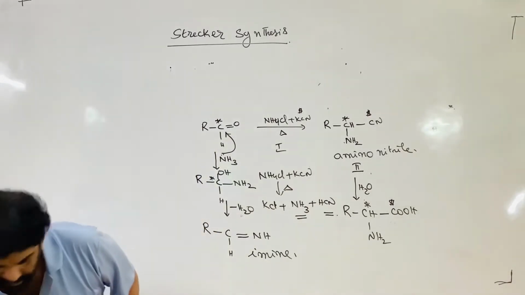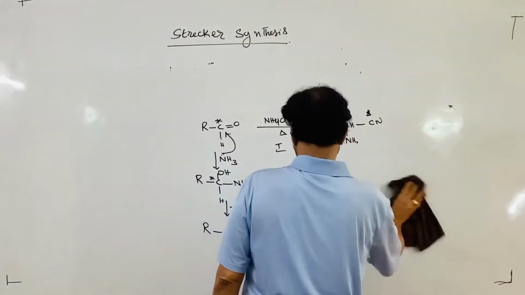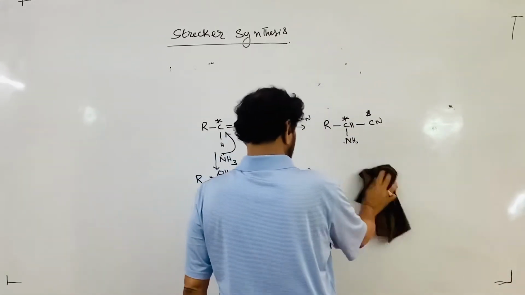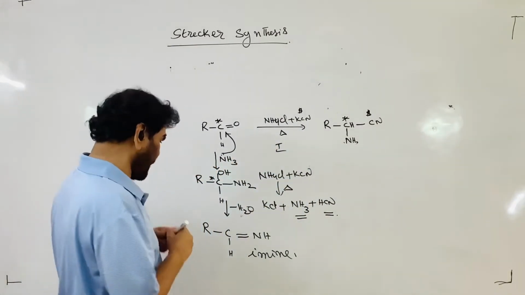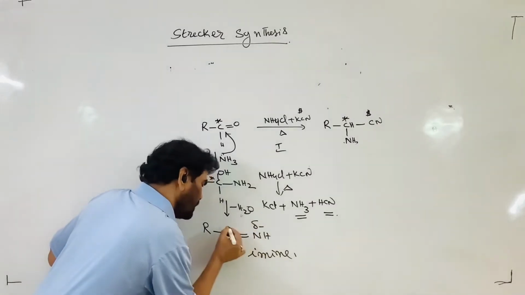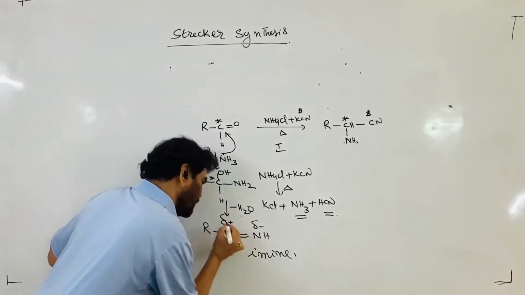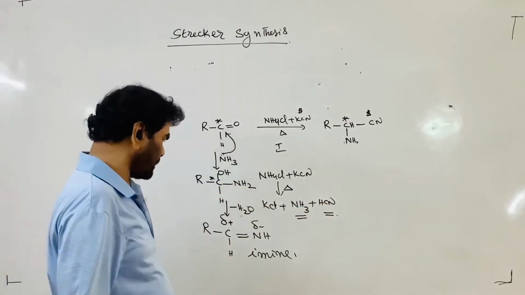The second part of the problem is that now HCN, hydrogen cyanide. This is negative charge, this is positive charge, partial negative, partial positive, the pi bond is polarized that side.